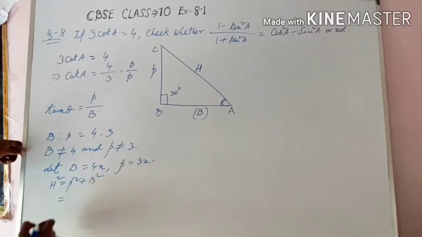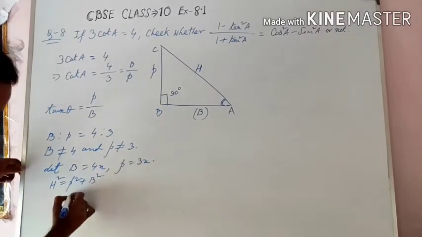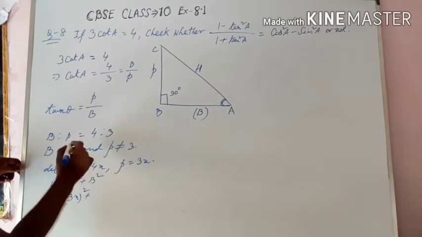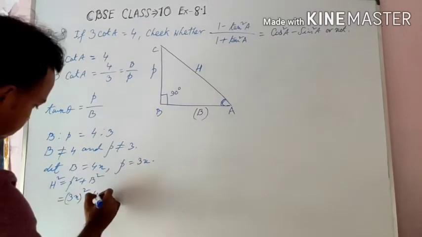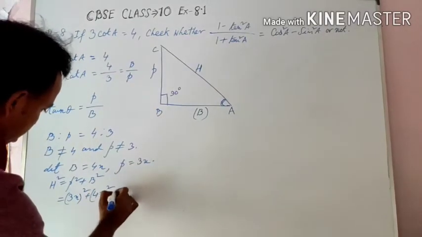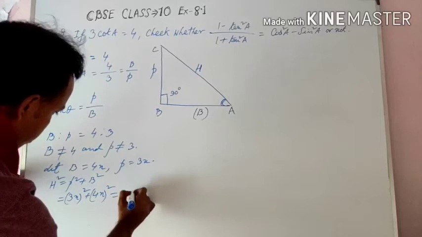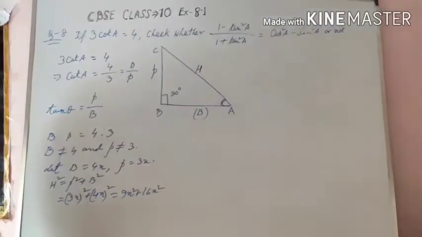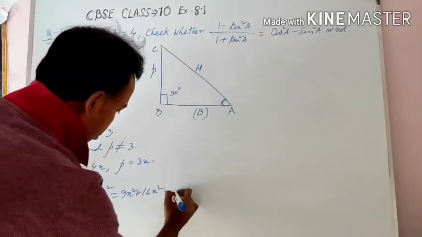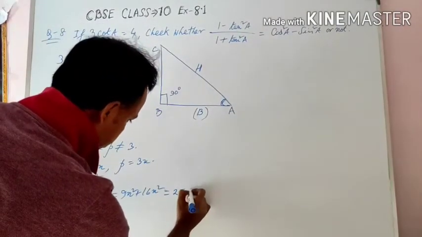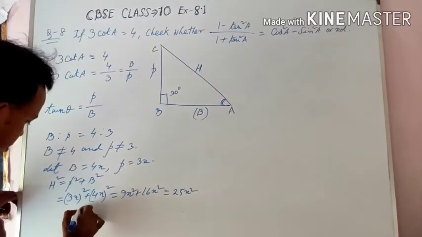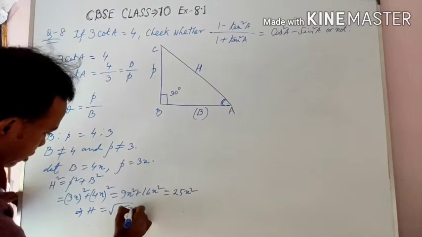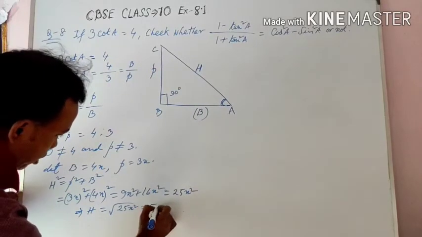Put the value: perpendicular is 3x square, base is 4x square, is equal to 9x square plus 16x square, is equal to 25x square. So hypotenuse is equal to root over 25x square, which is 5x.